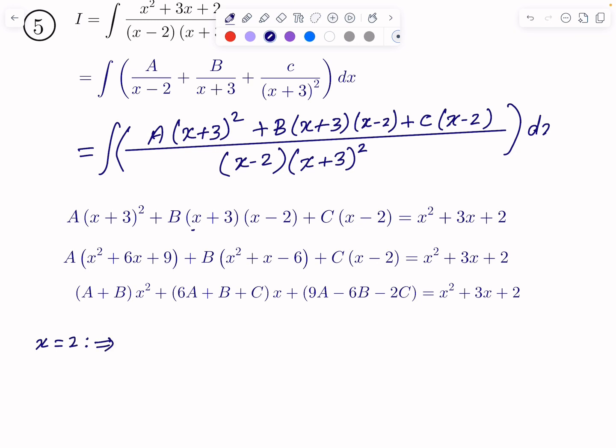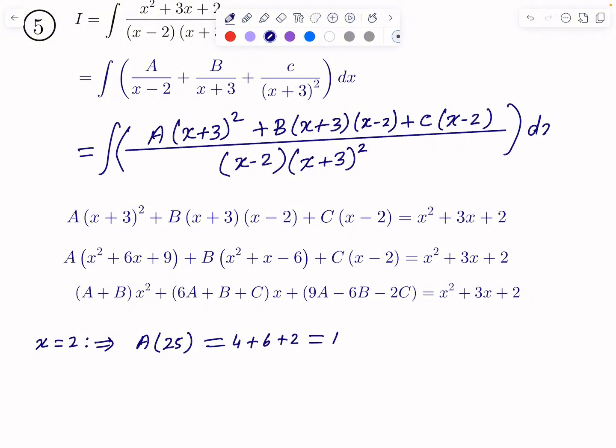Okay, now we're gonna equate x being equal to 2. From here, from this equation. So we're gonna have a times 2 plus 3, which is 5 squared. 5 squared is 25.